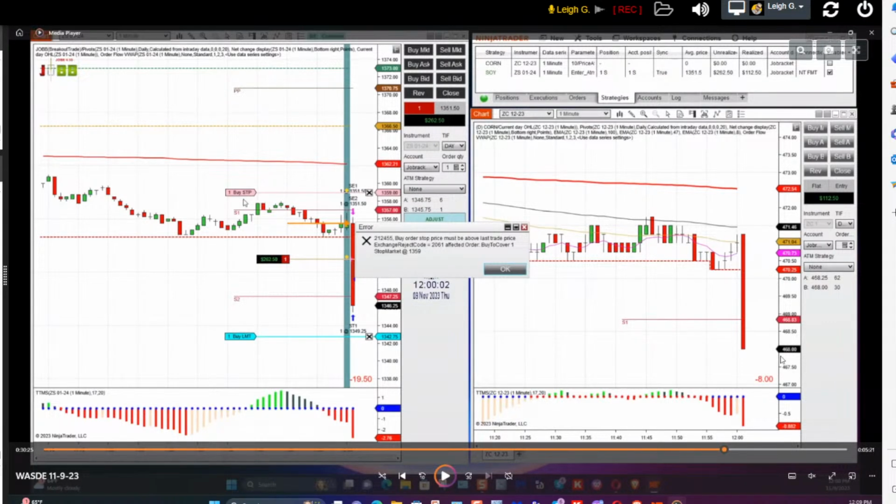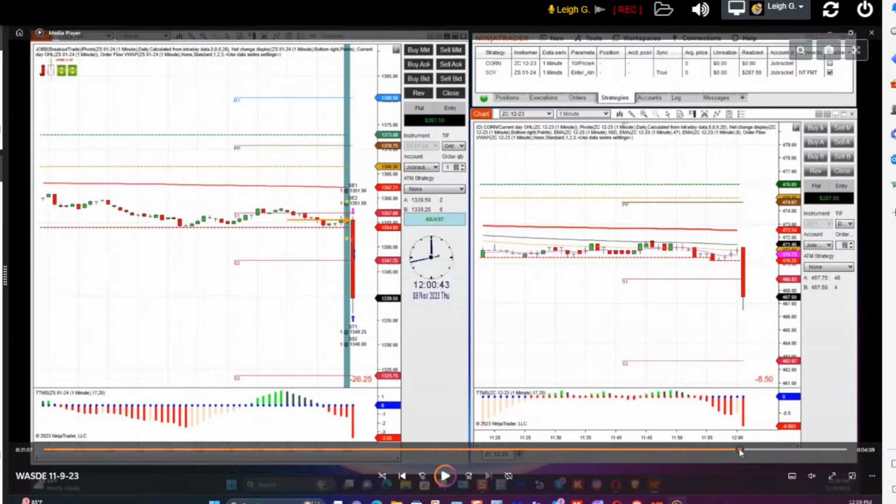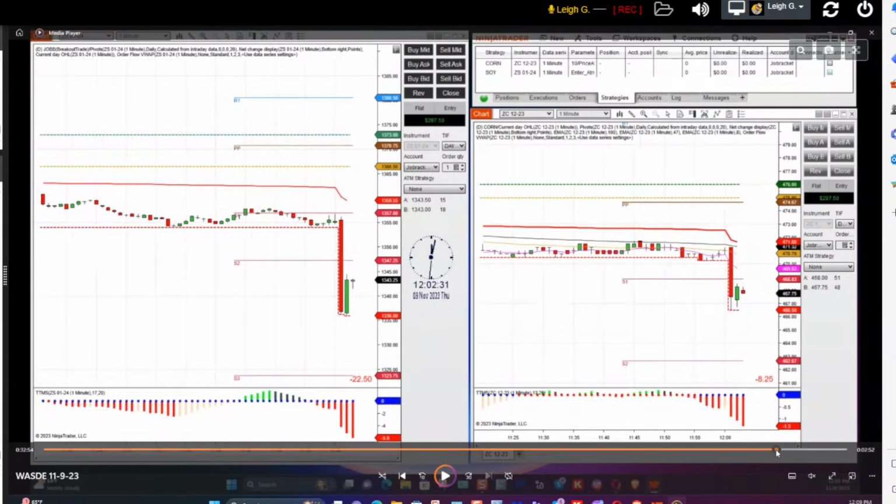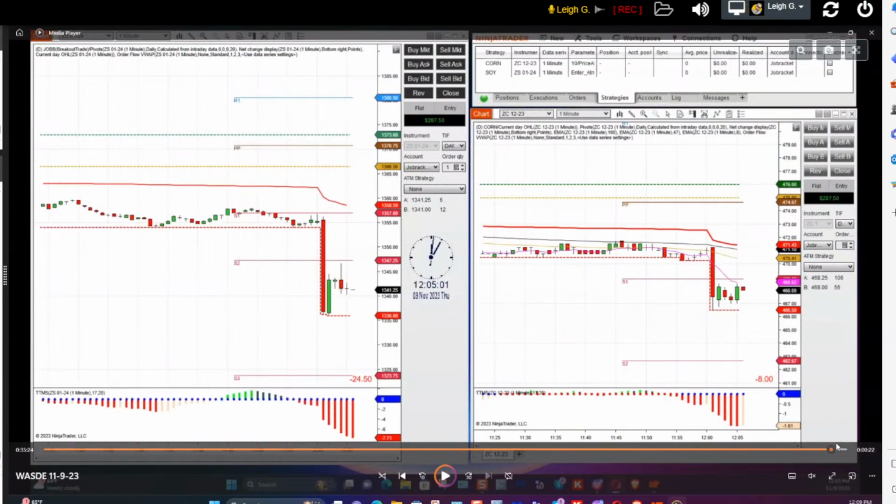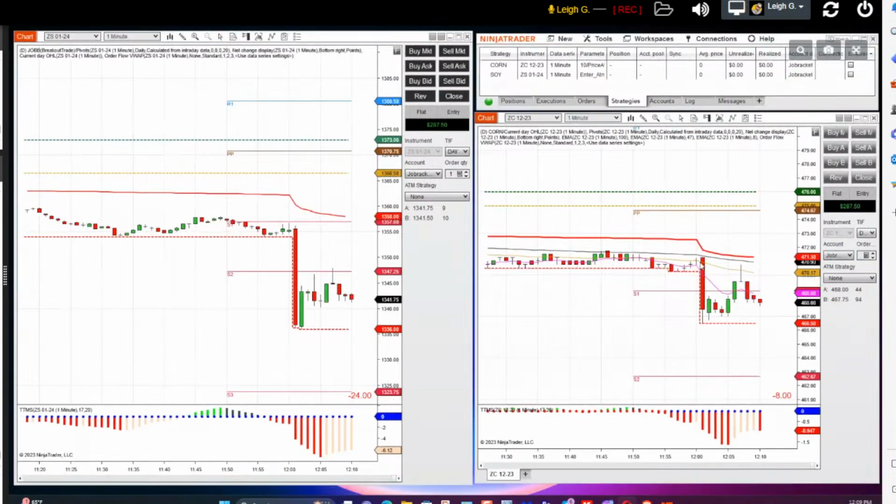It only moved. My charts are spread wide. That's why the corn move looks big. Okay. It just did not move very far at all. And it did not reverse very much either. That's why we're still not trading corn, certainly not as our main trade.